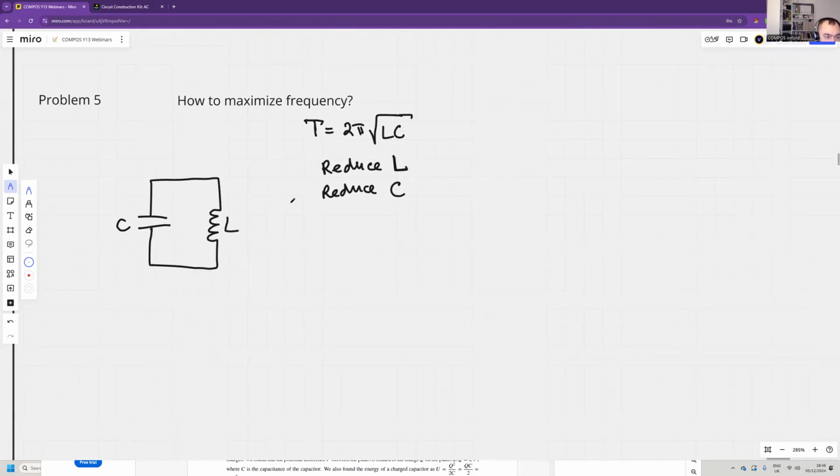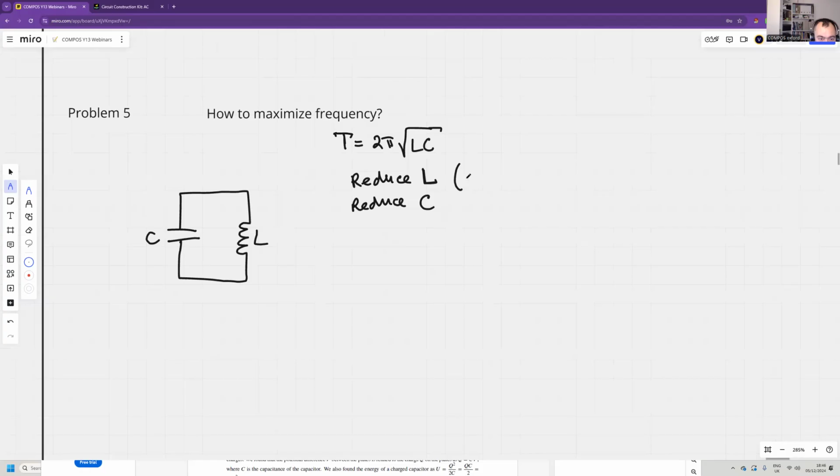L depends on the number of turns, as we have already seen, the cross-sectional area of the loops, and the length of the solenoid. It's inversely proportional to the length of the solenoid. So you want to make it shorter. C depends on the area of the plates and the distance between the plates. Okay.